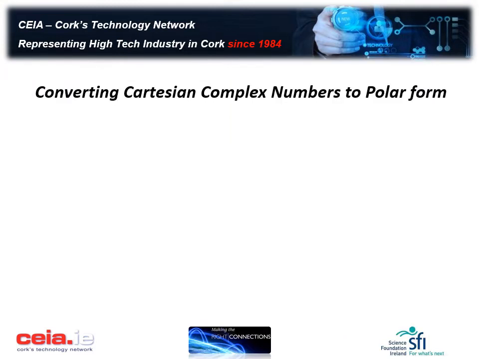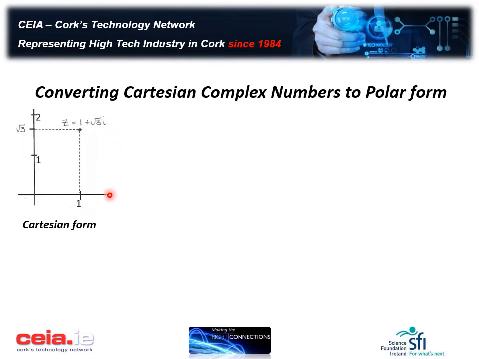So the first thing we want to be able to do is convert Cartesian complex numbers to polar form. So let's remind ourselves a little bit about what complex numbers look like. This is a typical complex number, and complex numbers are usually denoted by the letter Z. So a typical one we have here is Z equals 1 plus root 3i.